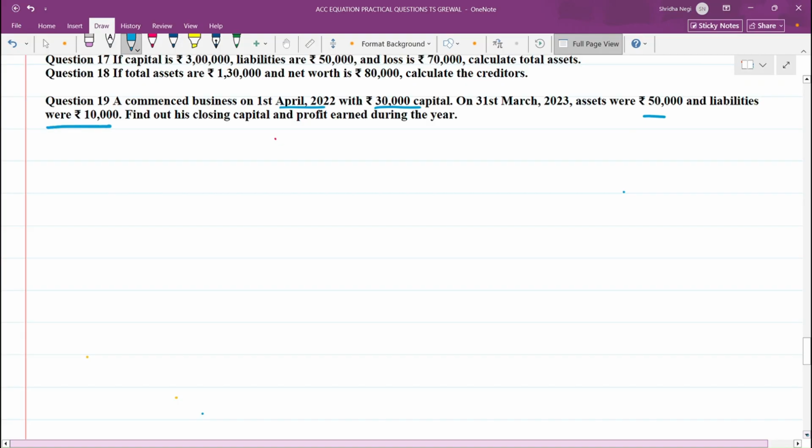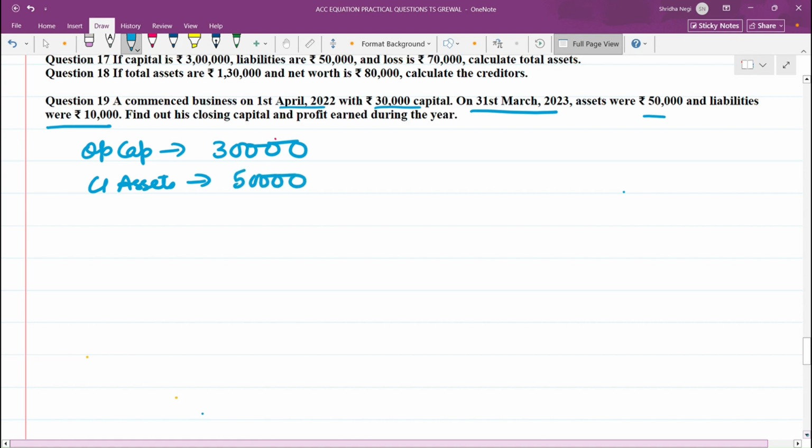Find out his closing capital and profit earned during the year. Now, see, 1st April 2022 means your opening capital is given. Opening capital is 30,000. On 31st March, these are your closing figures. Closing assets are 50,000 and your closing liability is 10,000.